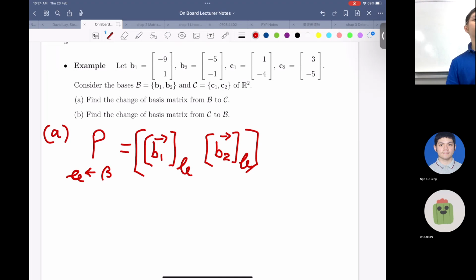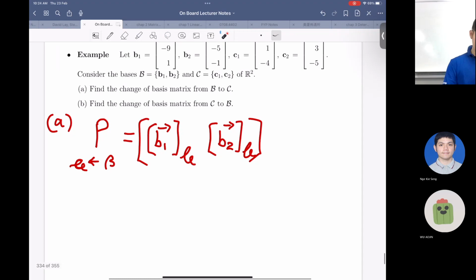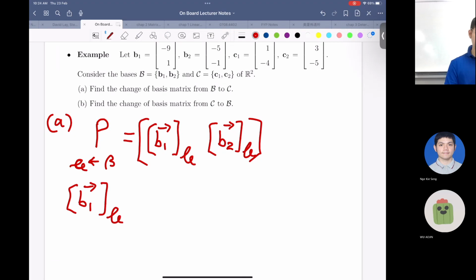Make sense? So you need to express everything in B in terms of C. So this is the coordinate vector. So what is B1 in terms of C?